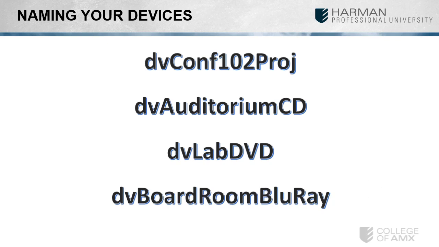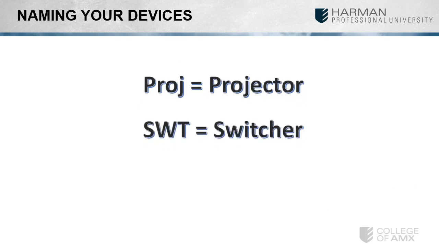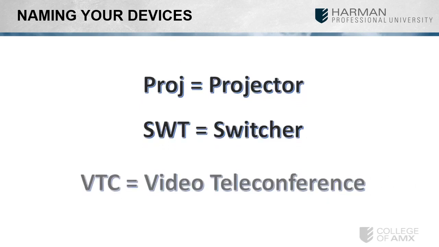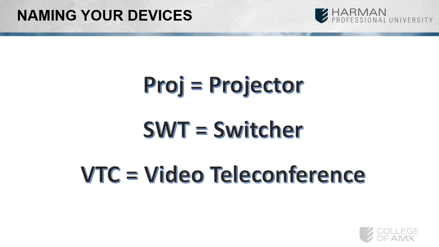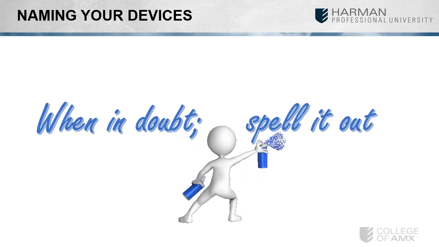The use of common industry abbreviations are also acceptable here, so we could simply use Proj for projector, or SWT for switcher, and VTC for video teleconference. If you're unsure if the abbreviation you might want to use is well known amongst the AV industry, just remember this simple rule: when in doubt, spell it out.